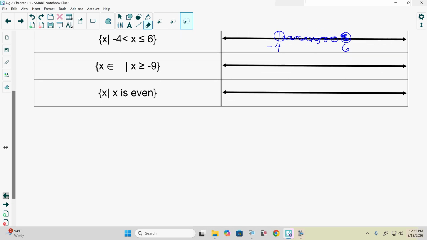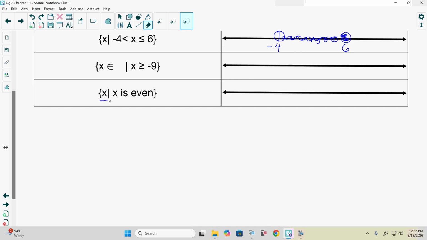Questions on the first three? Now, the last two, graphing them isn't convenient or nice, because we'll look at the last one first. The set of all real numbers x such that x is even. Trying to actually graph out where all the even numbers are, not as doable, but this is what it's saying.